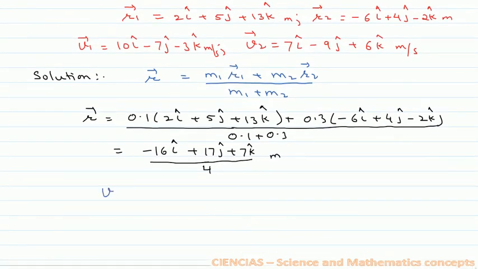Now we see for velocity. Velocity of center of mass is given by m1 v1 plus m2 v2 divided by m1 plus m2.